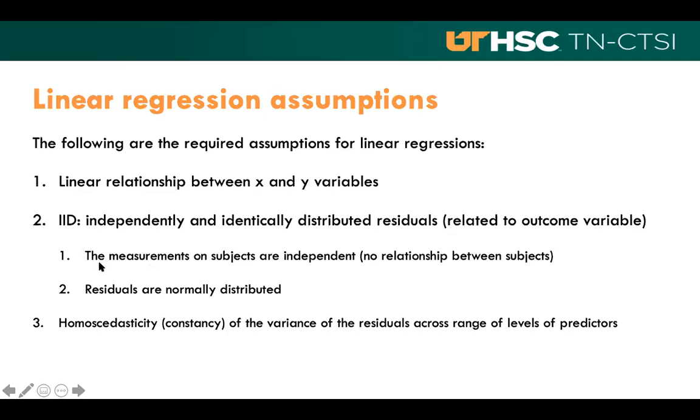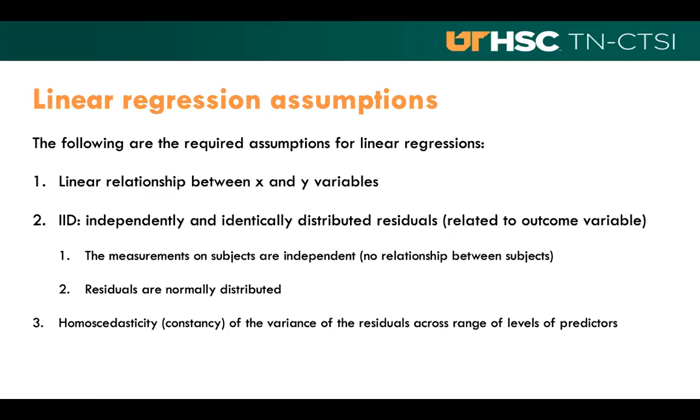And so in the IID, independently distributed means the measurements on subjects are independent. There is no relationship between subjects. So for example, if our observations are family members, there is likely to be association between observations.